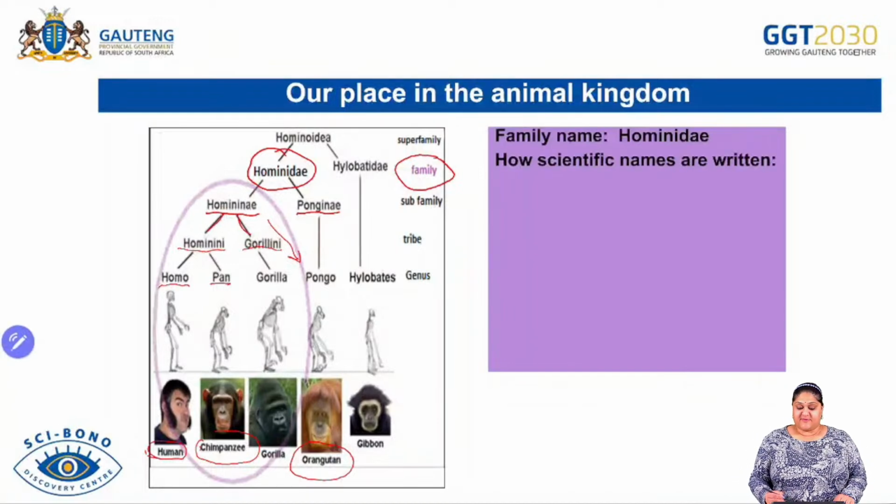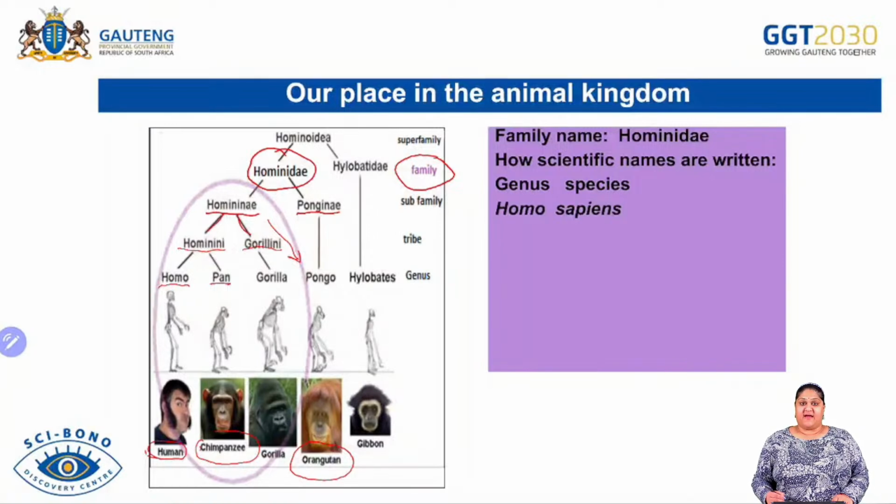Right, so we spoke about the Hominidae, that's our family name, and now it's very important to mention our scientific names. So you've seen this first in grade 10, that we have a genus and a species name. There are 2 words. The first letter of the first word, the genus name, is with a capital letter, and then the first letter of the second word is with a small letter.